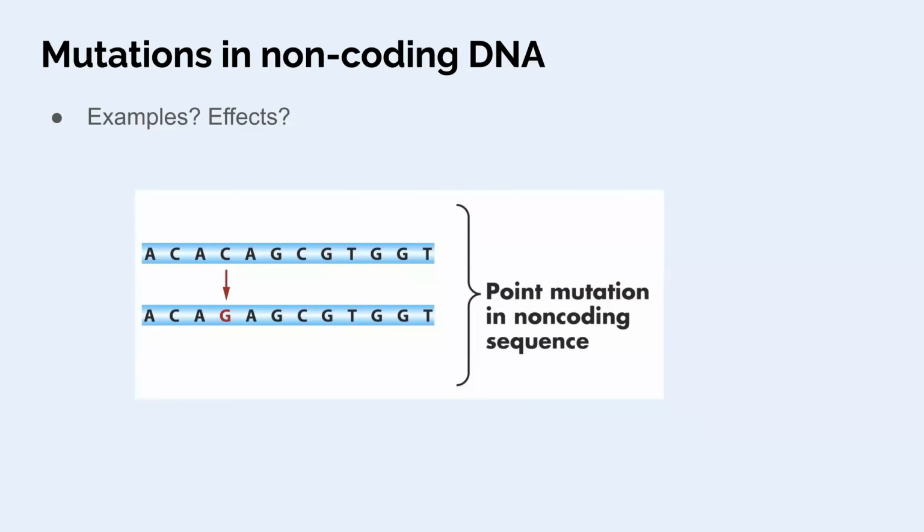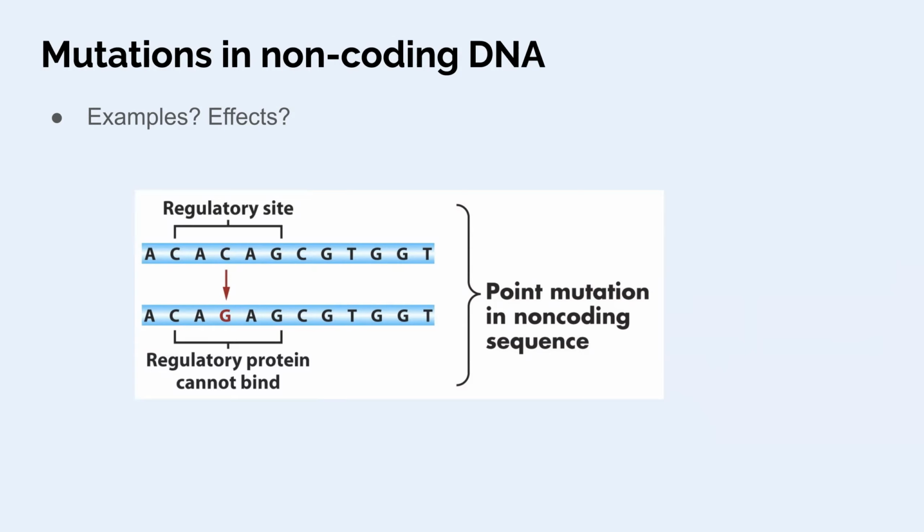This is from your book, just an illustration of a single nucleotide change. Without knowing anything about the DNA, you wouldn't necessarily know what that mutation is going to do. But if you know what the DNA does or doesn't do, there could be plenty of non-functional DNA, or DNA with no consequential function.